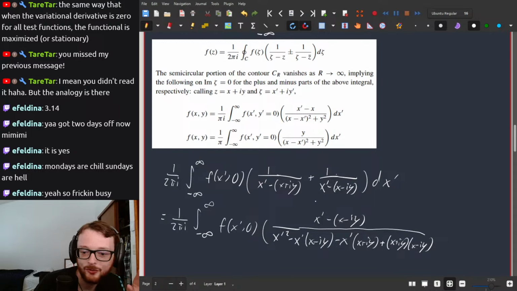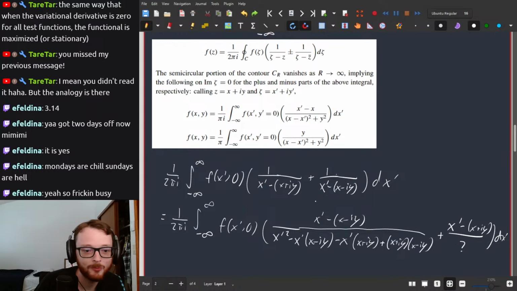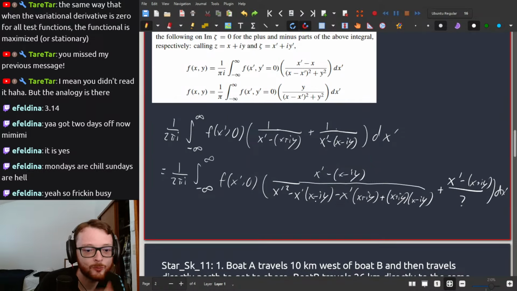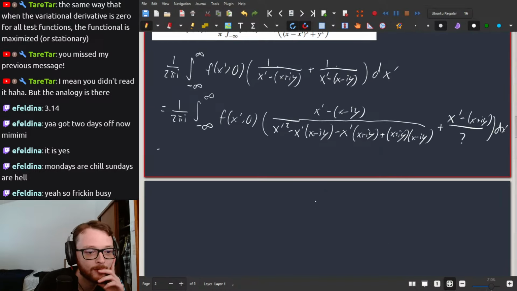Okay, that's just the first fraction. But wait, there's more. I can save myself some writing. I'm just gonna put a question mark there, because it's gonna be the same thing as this. Why do double the work when I can do half the work? Well, the same amount of work.